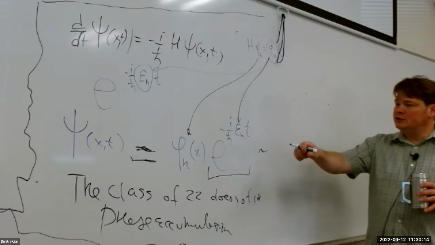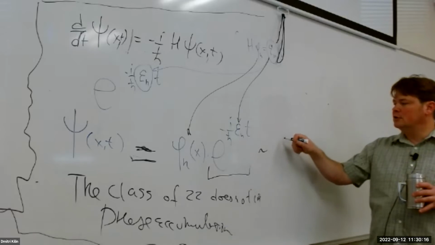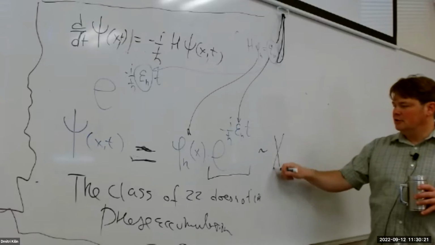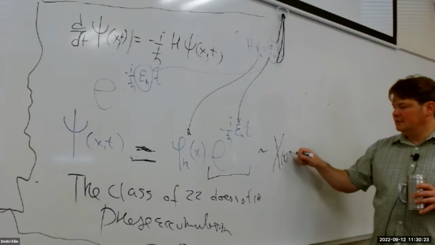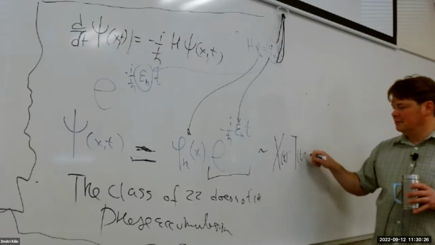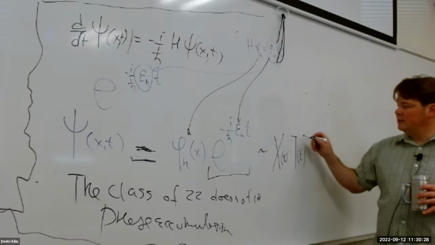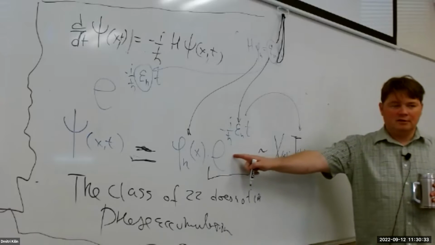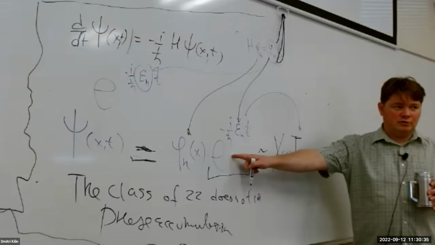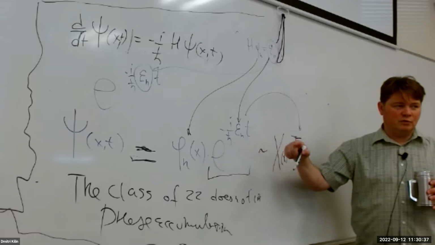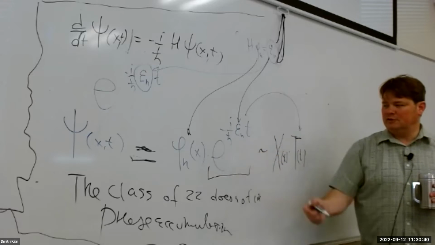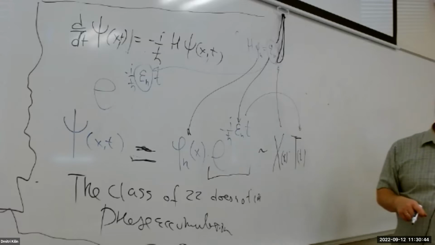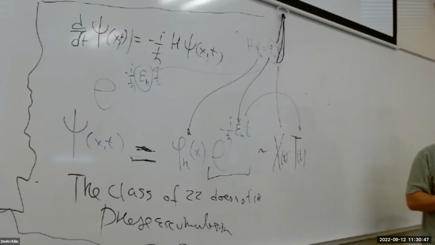But we agreed to search for a solution of the time-dependent Schrodinger equation of the form capital X of x times capital T of t. Do you remember it? Then we agreed that the capital T will be this solution, a differential equation with one derivative equal to the function, so it's exponential. And this one will be the solution of the time-independent Schrodinger equation.